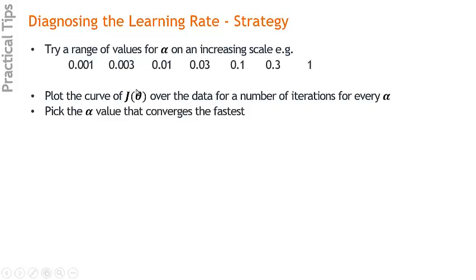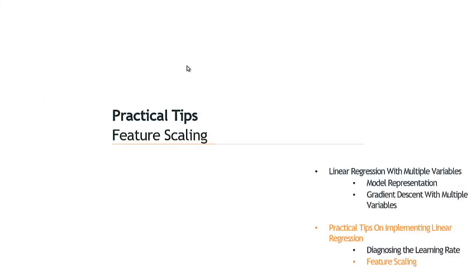Then, for instance, if you find the best value is between 0.01 and 0.03, you can home in and be more specific. If 0.01 has a good convergence curve and this has worse, and then 0.03 has a good convergence curve and this one doesn't converge, then you want to home in on this interval. So you can refine into successively smaller intervals if you want to.